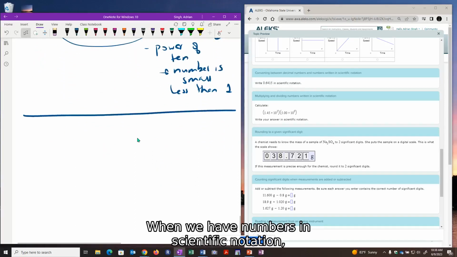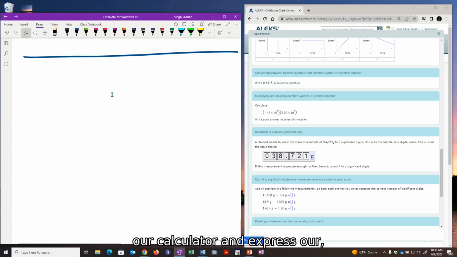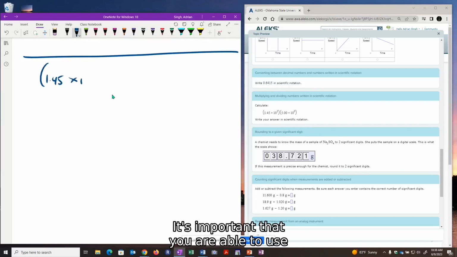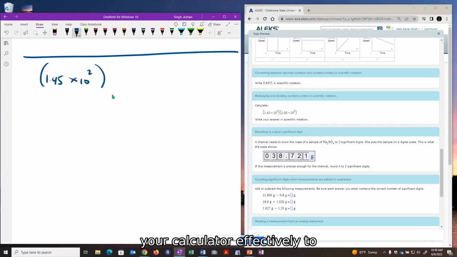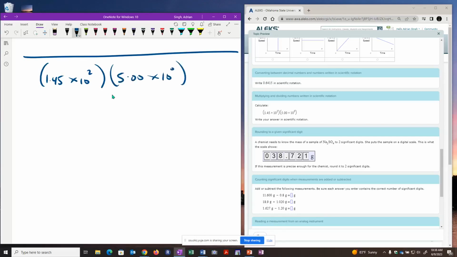When we have numbers in scientific notation, we're going to have to work with them, enter them in our calculator, and express our answers using scientific notation as well. So it's important that you are able to use your calculator effectively to enter numbers in scientific notation. In most calculators, we can enter the numbers as written.